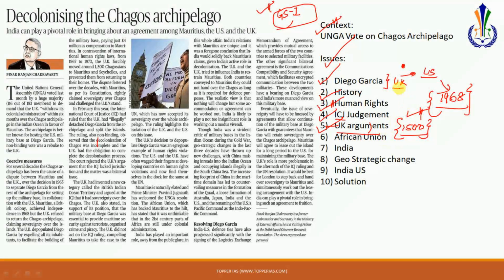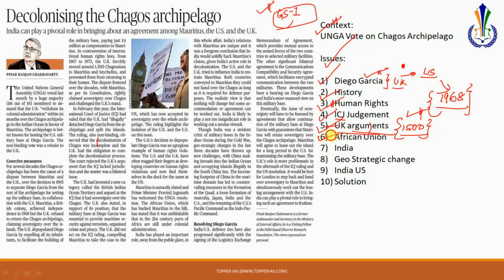But you need to understand that Mauritius is nowhere saying that this military base should be removed. It is clearly in favor of the base being sustained here. But the issue is that the sovereignty of Mauritius needs to be recognized. So that is the entire issue.